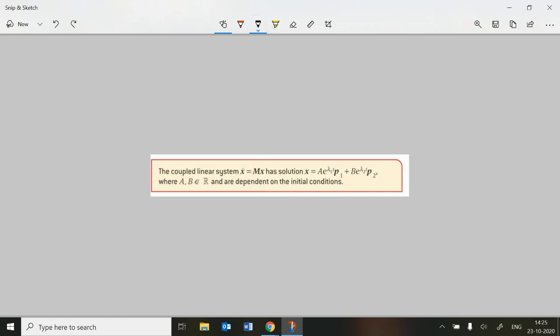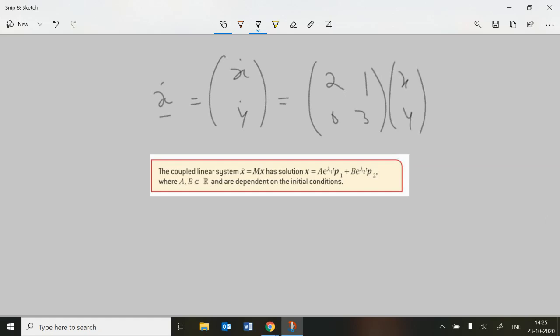So, for example, we could have x dot, y dot, that would represent x dot as a vector. And we could potentially say that that's equal to a matrix, maybe let's say 2, 1, 0, 3, as applied to x, y, and then we could actually multiply this out.